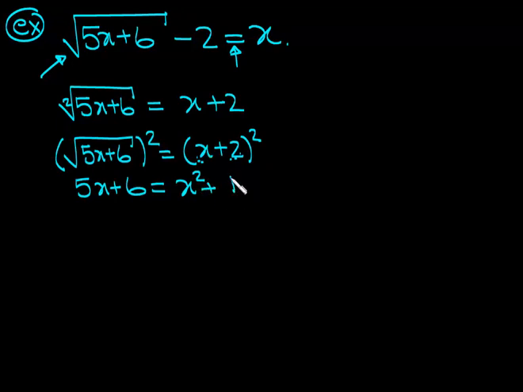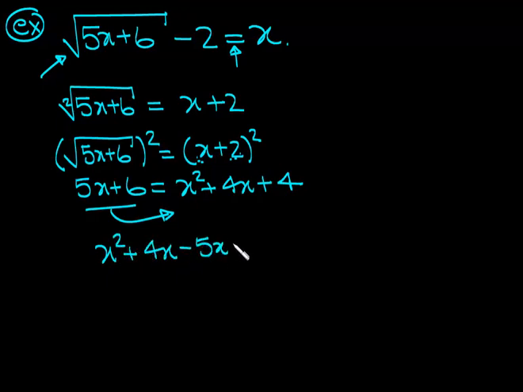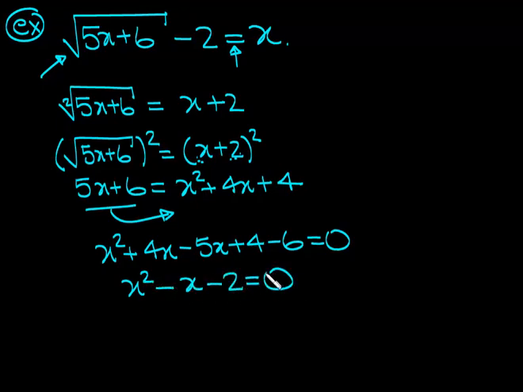So we get plus 4x, and we square the last term, which is 4. Since it's degree 2 now, I'm going to move both of these terms to the right. So we get x squared plus 4x minus 5x plus 4 minus 6 is equal to 0. So we end up with x squared minus x minus 2 is equal to 0.